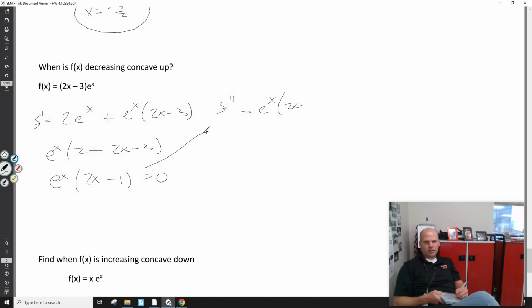Derivative of the first times the second plus derivative of the second times the first. Factor out. Would you look at that? Oh, okay. I get 2x minus 1 plus 2, which is 2x plus 1.